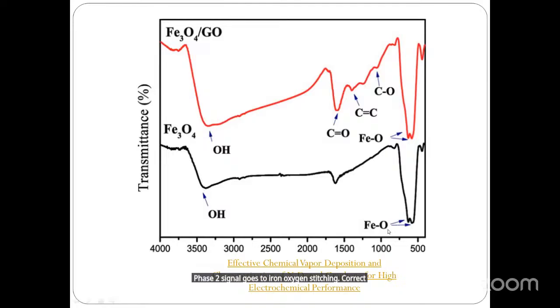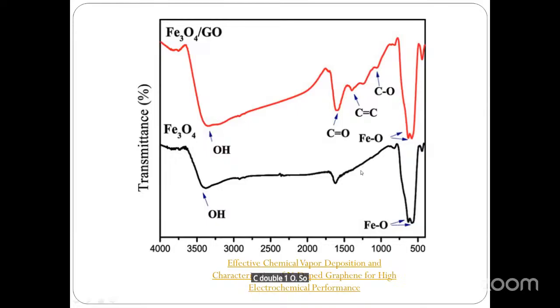Correct? And whenever graphene oxide is there along with Fe3O4, these two iron oxide signals are already as it is. But in addition to this, you can see this part of the spectrum which is absent in Fe3O4, due to the presence of graphene oxide: C-O, C=C, C=O.